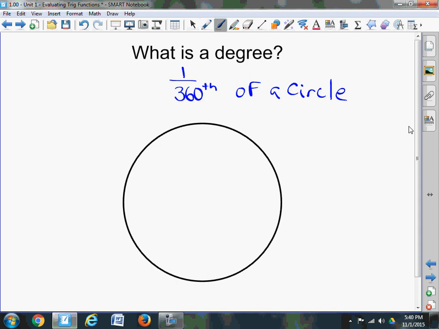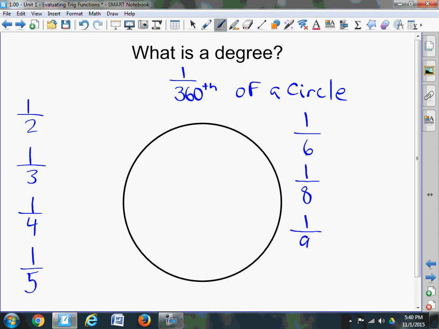So if I had half of a circle or a third or a fourth or a fifth, well, we kind of like degrees because if I'm dividing it into these, well, sevenths doesn't work, but for most of these, you'll get a nice even degree measurement.